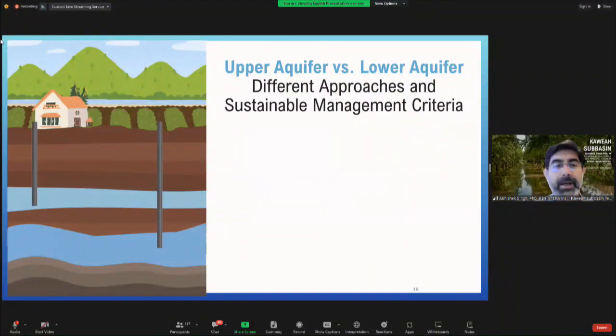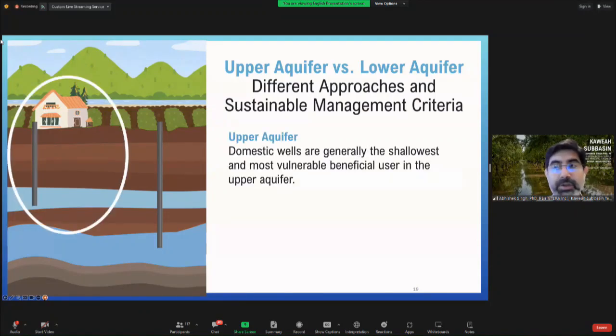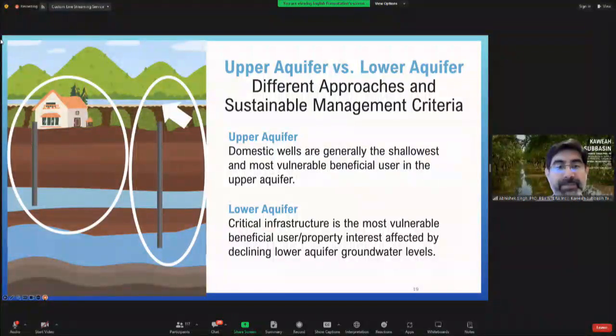With respect to water levels, it is important to understand that the Kaweah Subbasin consists of two aquifers. There is an upper unconfined or semi-confined aquifer and a lower aquifer primarily below the Corcoran clay in the west. For the upper aquifer, the most vulnerable beneficial users are shallow domestic wells.